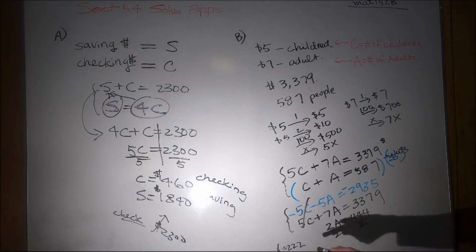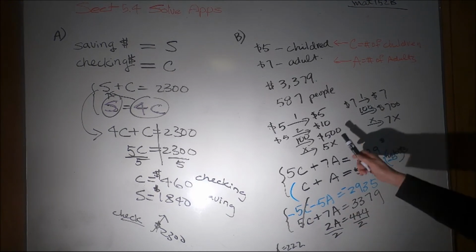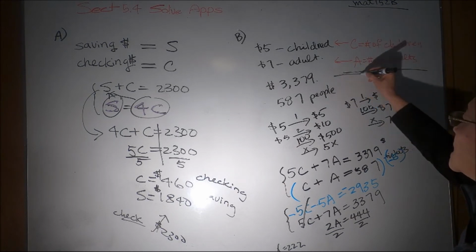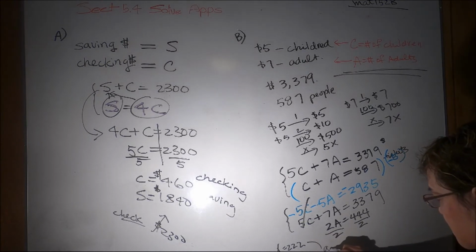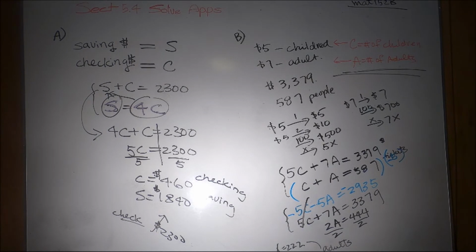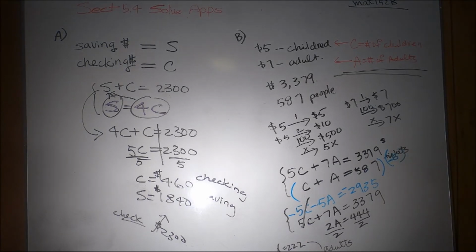$222 or goats? Not really. What is your A? You have to go back, see how you declared what your A is. A means what? Your number of adults attending the fair, right? If A is 222, you need to find the C. How many children? How do you find the C?